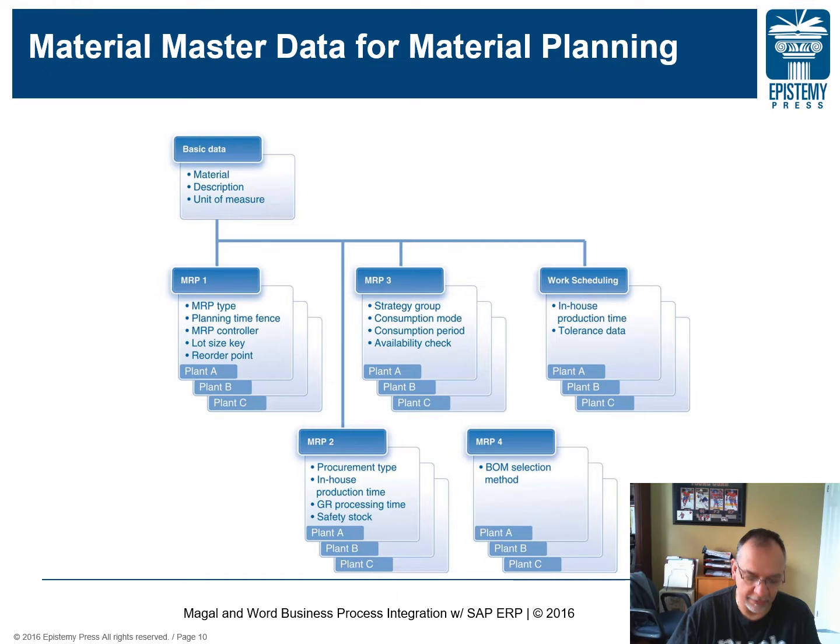MRP2 has more of the times and scheduling, time horizons and scheduling data on how to procure the materials as well. Are we making it? Are we buying it? MRP3 looks at the strategies used to calculate how much material is available. MRP4 contains systems data and bill of material calculation methods. And the work schedule component contains data that determine production times such as teardowns, setups, processing times.